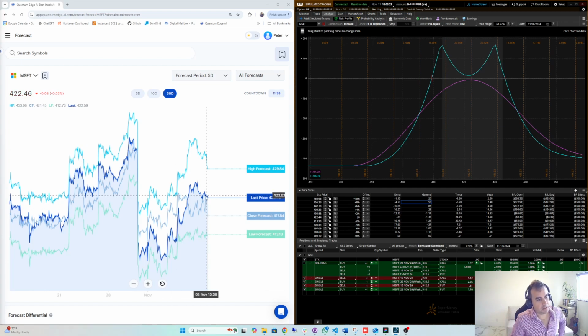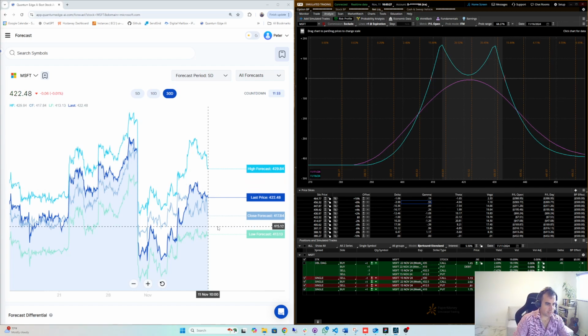So according to our forecast here, it's highly likely that price is going to be oscillating in between this channel. We have a little bit of bias to the downside, but we have a delta neutral construction here, in my view.